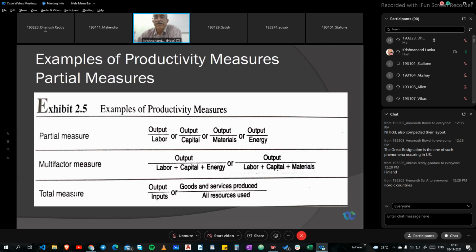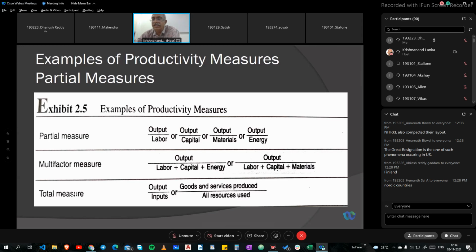See, actually, the productivity formula is the same as the efficiency formula. Efficiency is also nothing but output by input. But where is the difference between productivity and efficiency? The time factor.